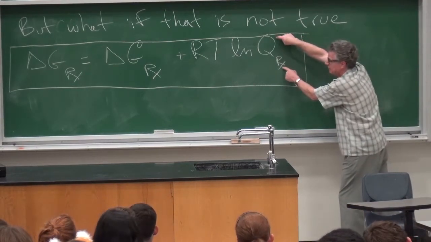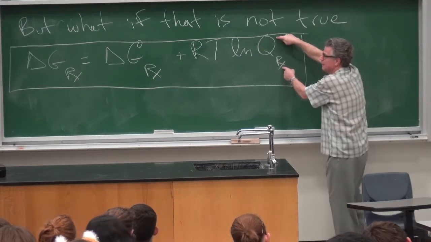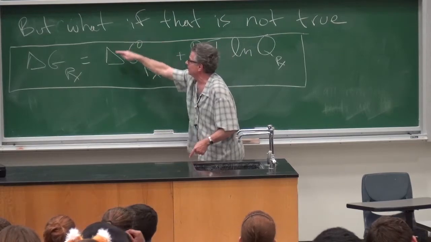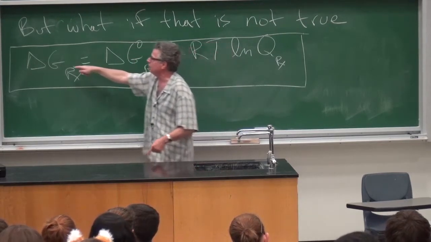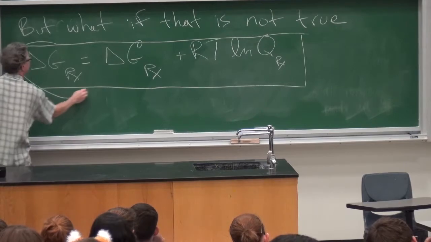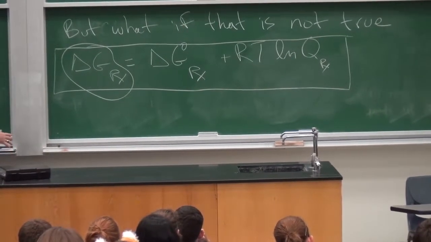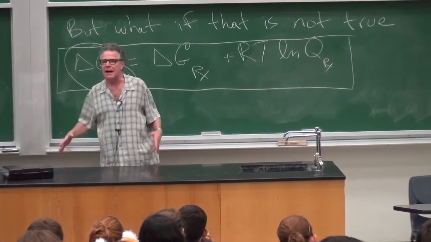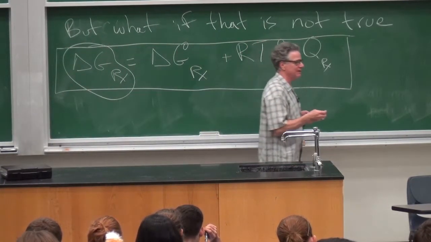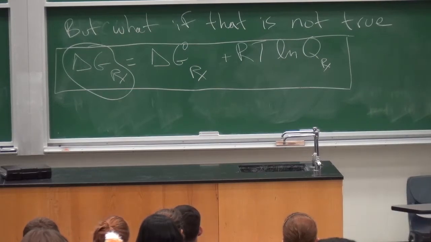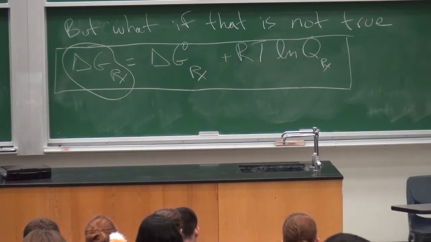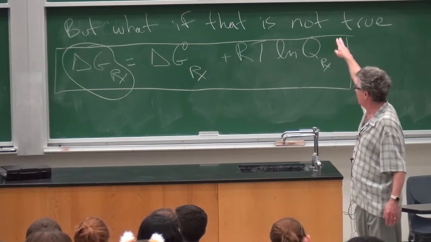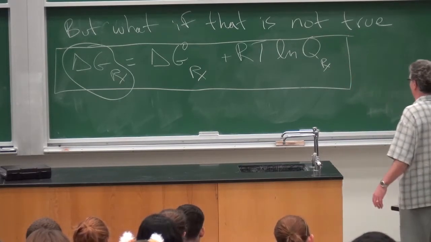Plug those concentrations into Q, and that's going to either increase or decrease from delta G naught to give you the delta G reaction. So now we've closed the loop between these 3 statements that we know about what makes a reaction product favored. Its delta G reaction must be negative. It must make the entropy of the universe increase. And the equilibrium constant has to be greater than 1.